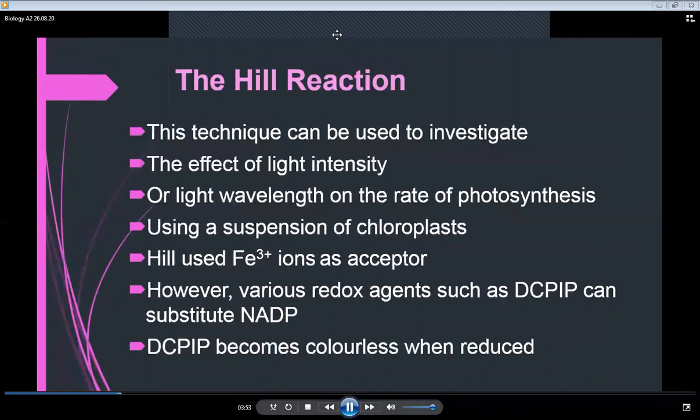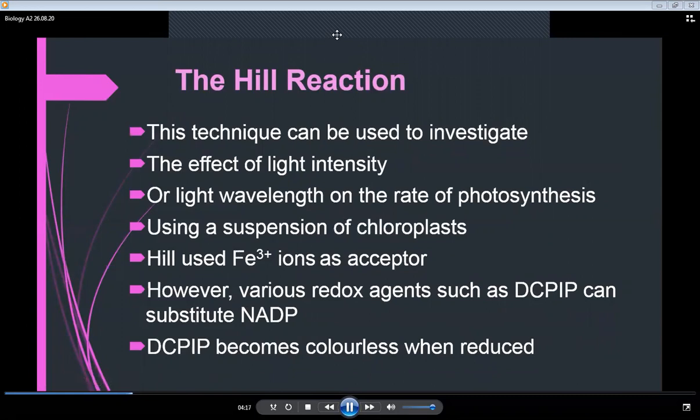Now, this technique, the Hill reaction, can be used to investigate the effect of two factors on the rate of photosynthesis: either the effect of light intensity or light wavelength, right? Because reduction is being shown here, as there is a breakdown of the water molecule.